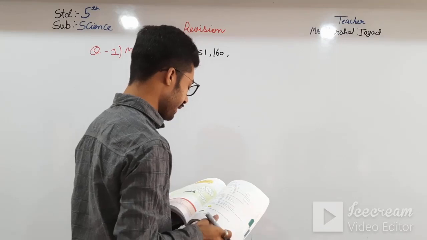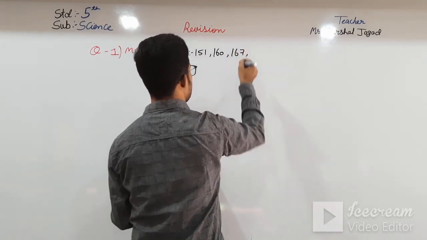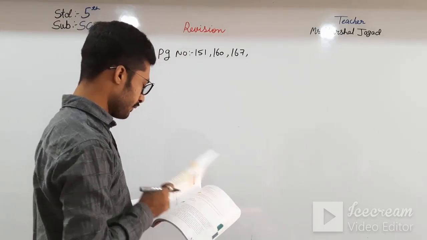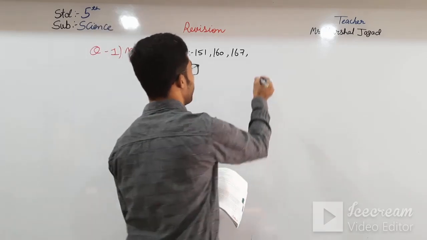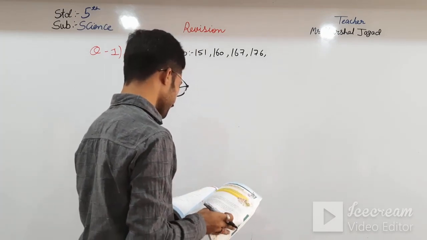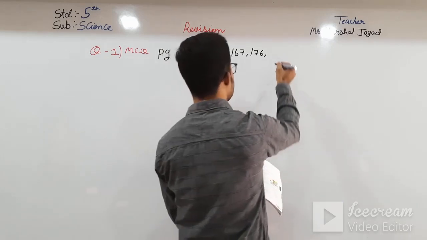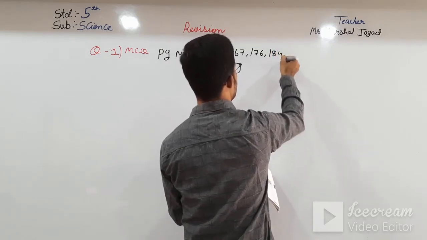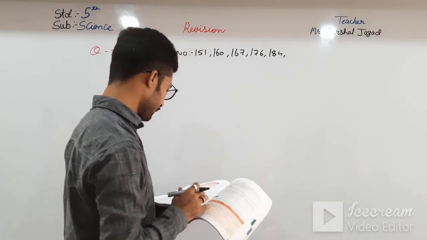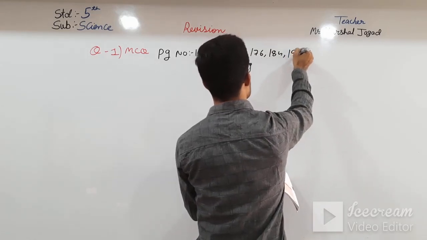Chapter number 3 is at 167, chapter number 4 at 176 page number, chapter number 5 at 184, chapter number 6 at 192.